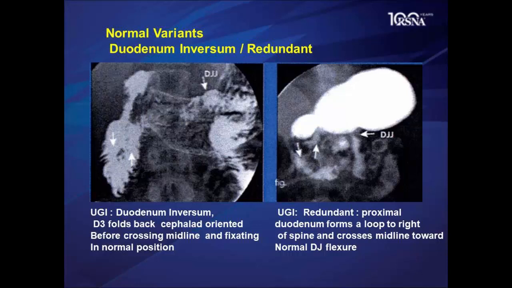And on the lateral view, this is still retroperitoneal. Or you may deal with a redundant duodenum, and then you demonstrate the duodeno-jejunal junction here. So those are normal variants. One common feature is that the proximal duodenum is not really dilated, because dilatation would imply strongly possible obstruction.